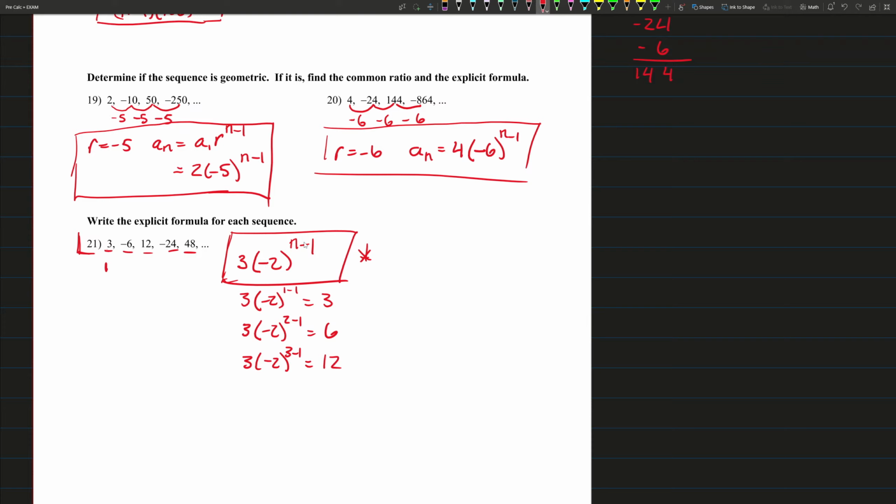So if we plug in 1, we should get 3. If we plug in 2, we should get -6. If we plug in 3, we should get 12, and so on and so forth, right? So we might be able to get it recursively, but we're looking for an. So there's a little bit of guess and check involved, but it's really up to you to kind of determine what that looks like.